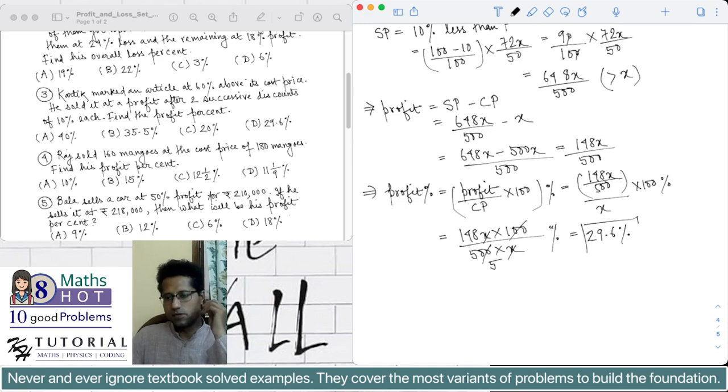So 29.6 percentage is the profit, and hence the correct choice is D. D is the correct choice.